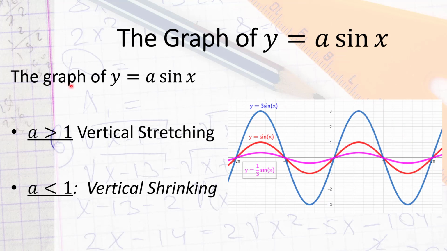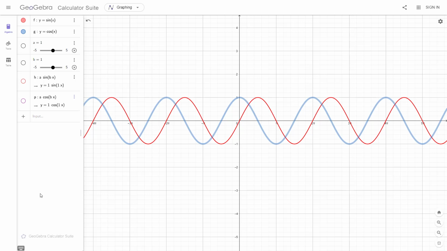Furthermore, for the graph of y equals a sine of x, when the absolute value of a is greater than 1, we have vertical stretching. When the absolute value of a is less than 1, we have vertical shrinking. What happens when a is actually a negative number? Let's go ahead and come back to GeoGebra and take a look at that.